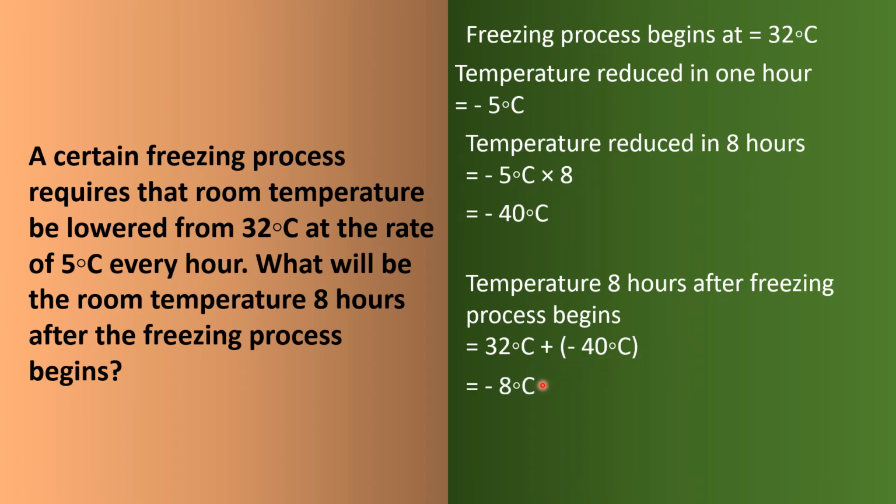We will do subtraction and the sign will be that of this 40 degrees Celsius, the negative integer, because the absolute value of this negative integer is higher than the absolute value of this positive integer. That's why minus 8 degrees Celsius. So our answer is that the room temperature 8 hours after the freezing process begins will be minus 8 degrees Celsius.